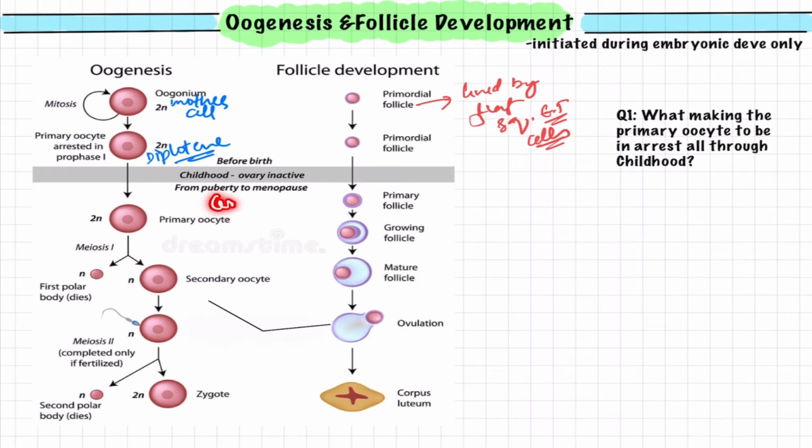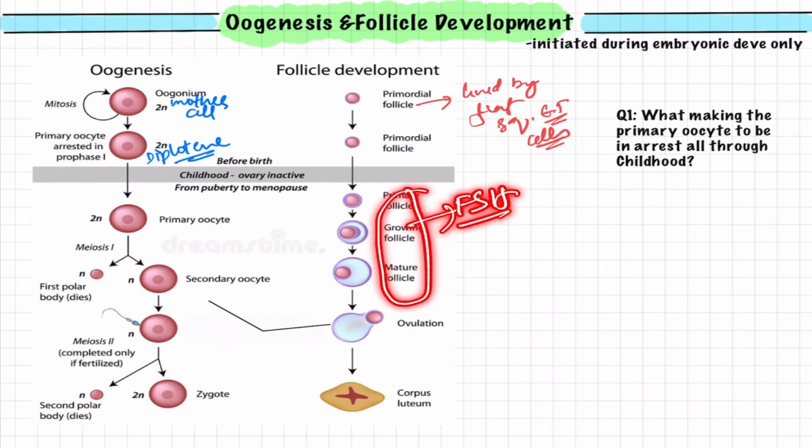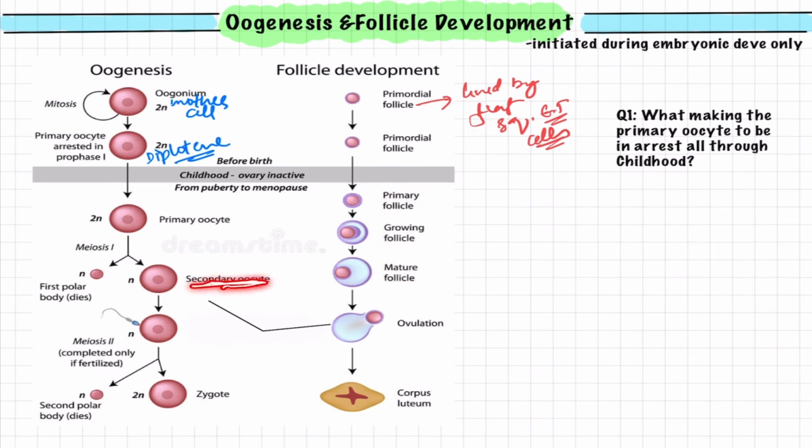The release of gonadotropin releasing hormone causes the release of FSH and LH, and they help in all these things. Majorly, follicular development is a result of follicle stimulating hormone. That is very important.